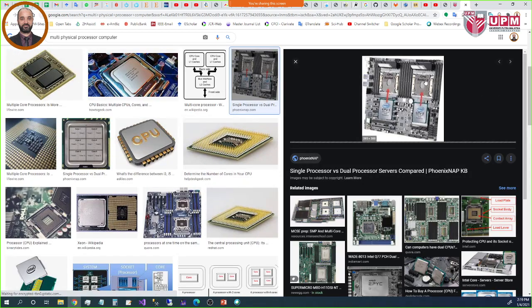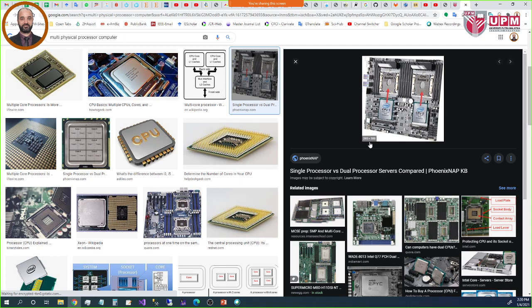So this is a motherboard that could have multiple processors. This is a physical processor, and this is another physical processor. This physical processor could be an i7, i5, i3, Xeon, or whatever, depending on the model of the motherboard. If it is a Xeon, that processor can have maybe 10 cores, or 16 cores, or whatever.